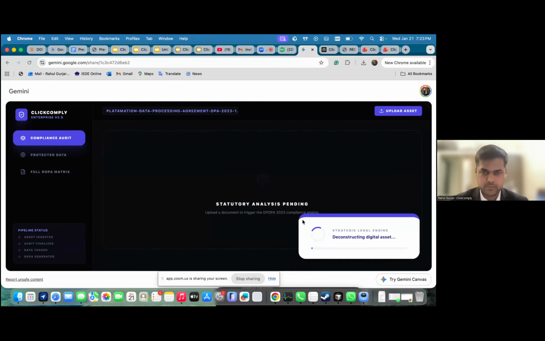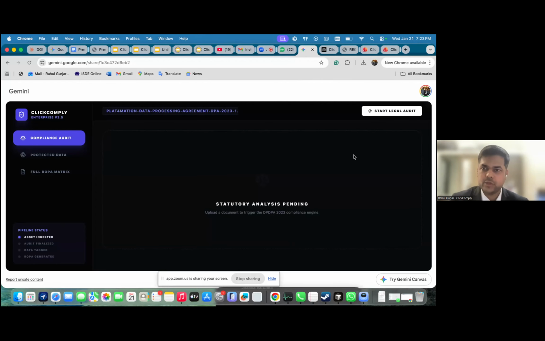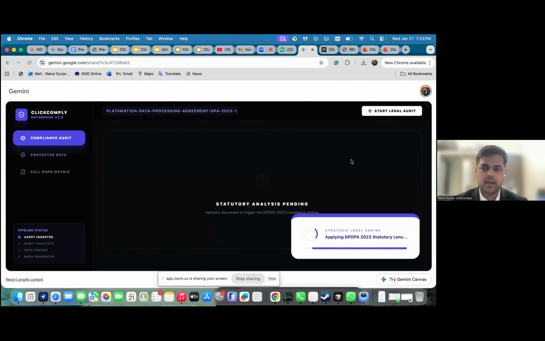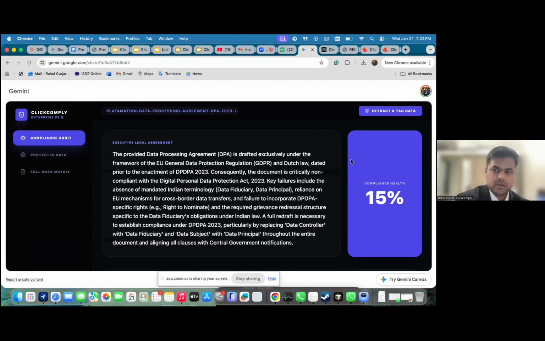So now you feed the contract into the tool. It will read and analyze everything, and then you just do a start legal audit. Now it will apply all the knowledge that I have fed into it, and my AI will then give you a solid analysis of what is compliant, what is not compliant, and how you can actually fix it, with the legal rationale that the model is using.